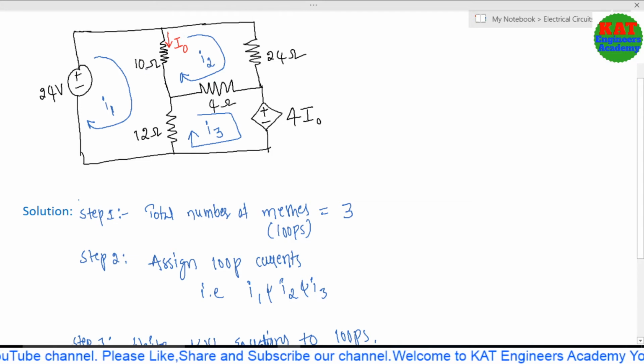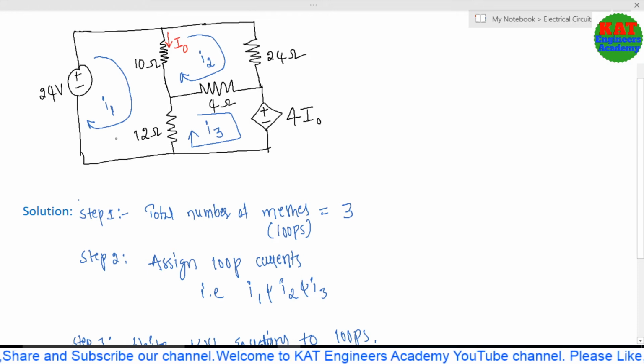Next, 10 ohms times the current flowing through the 10 ohms. I1 as well as I2, both currents are flowing. With respect to the first loop, we write 10 into (I1 minus I2). Next, 12 into (I1 minus I3).